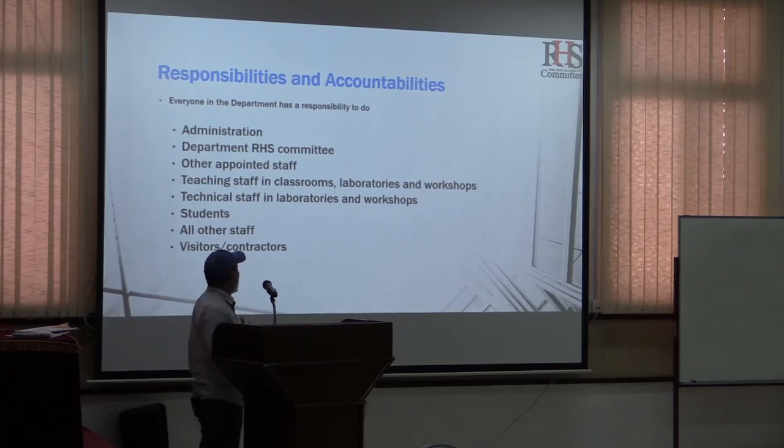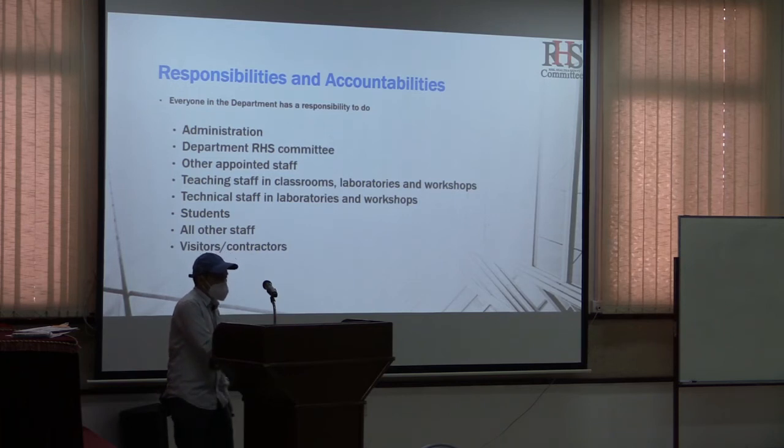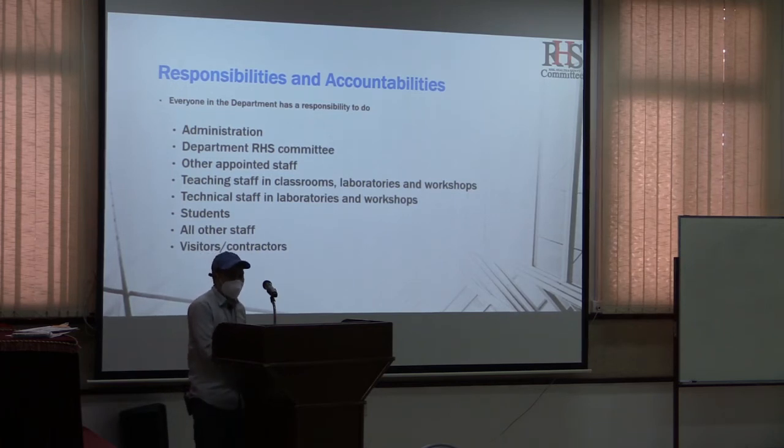And then, you have all the staff, whether they are laboratory or the teaching staff, the students, all the other staff with different roles being played out within the campus, and of course, the different visitors and the contractors. So it should be emphasized that all of us, more or less, have a particular role.